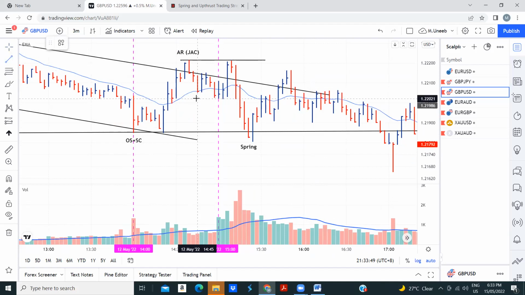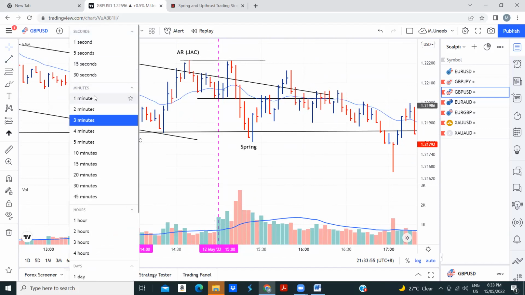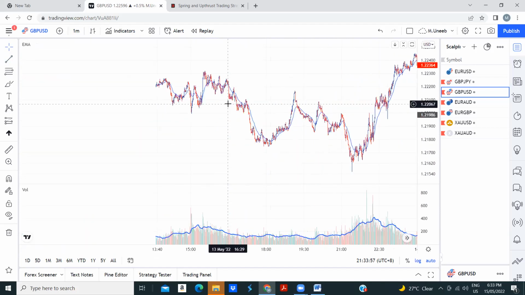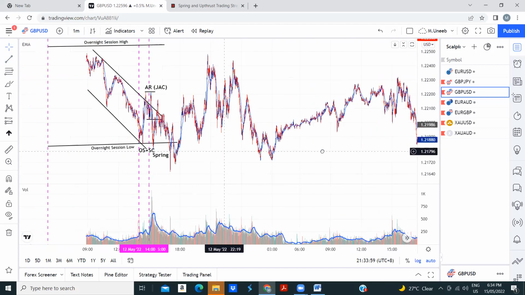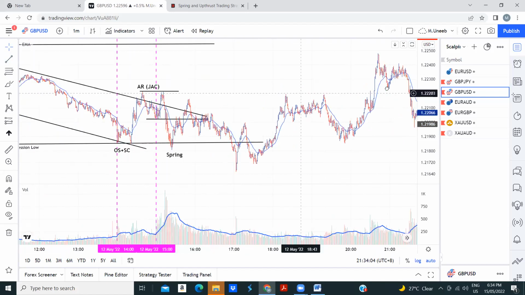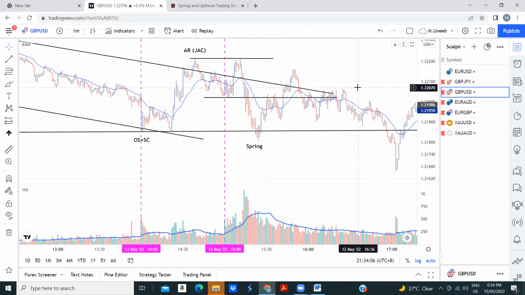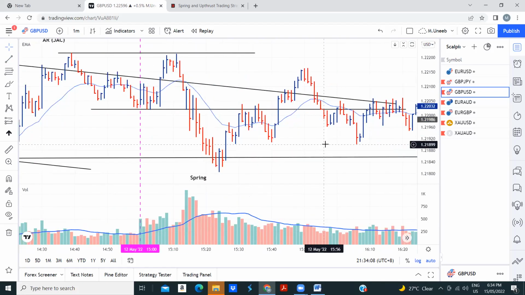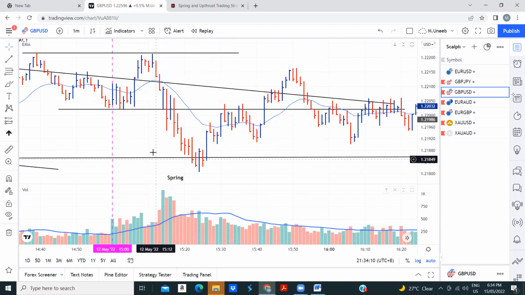Refine by changing to 1 minute. Okay, let's change to 1 minute now. The London Open was right over here.